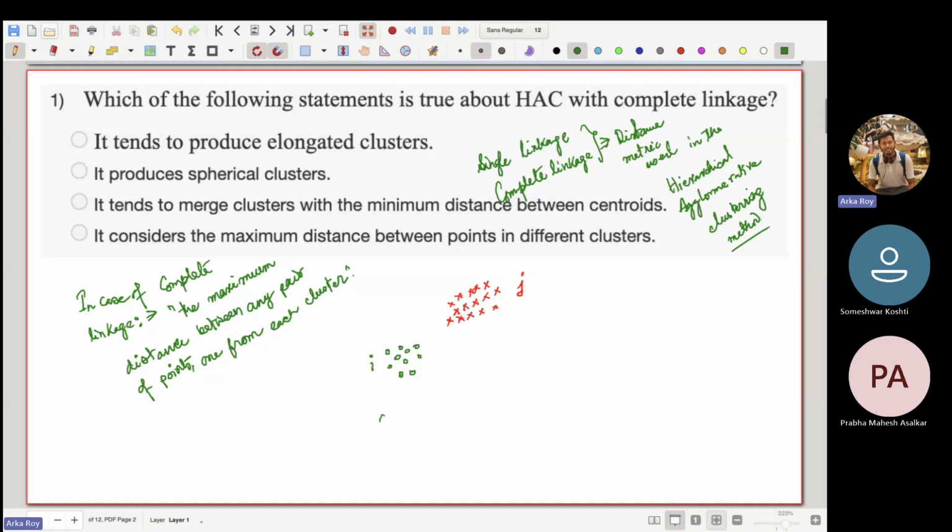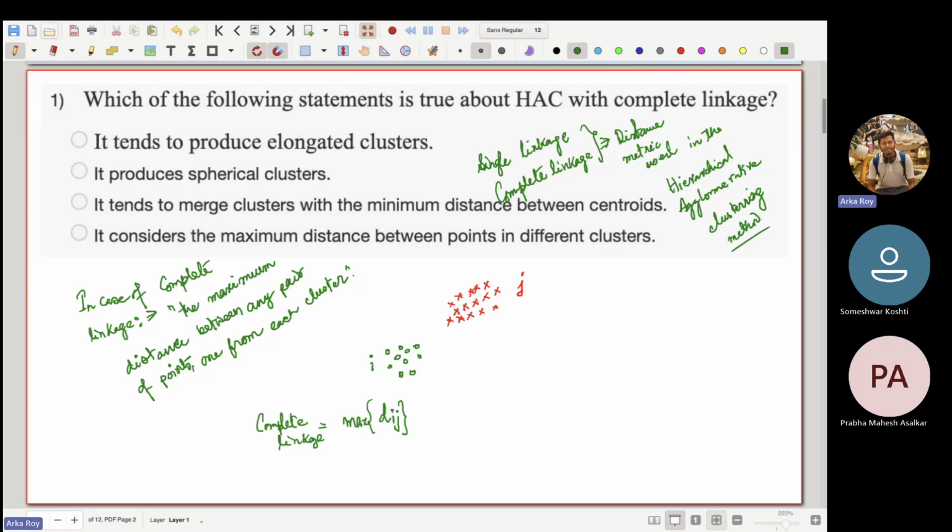So you can calculate dij, and you're trying to find the maximum of dij. In this case, the complete linkage can be illustrated like this.